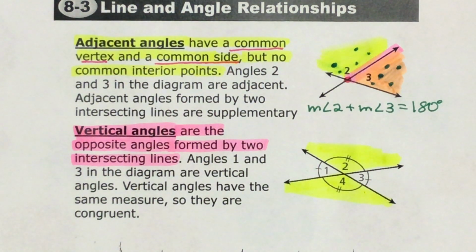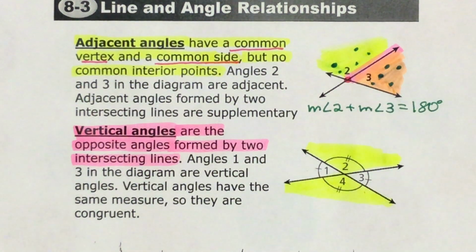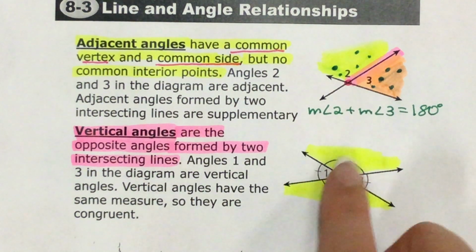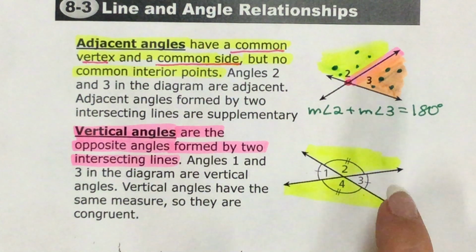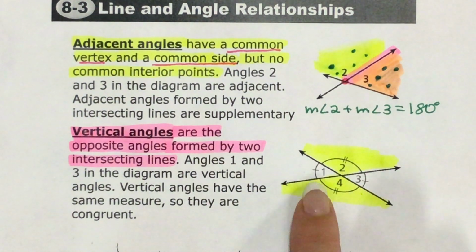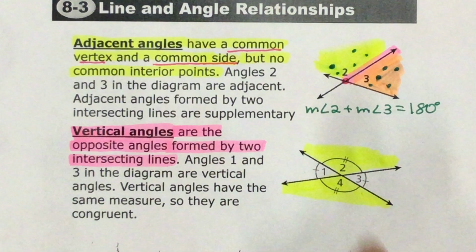Now, the really super cool thing about vertical angles is that they're congruent to each other. So if you have vertical angles, two angles that are opposite from each other, they are exactly the same measure, okay? So angle 2 is congruent to angle 4. And you can kind of see that because they have these arcs and these little tick things, and there's 1, 2, and 1, 2, which means they're congruent.